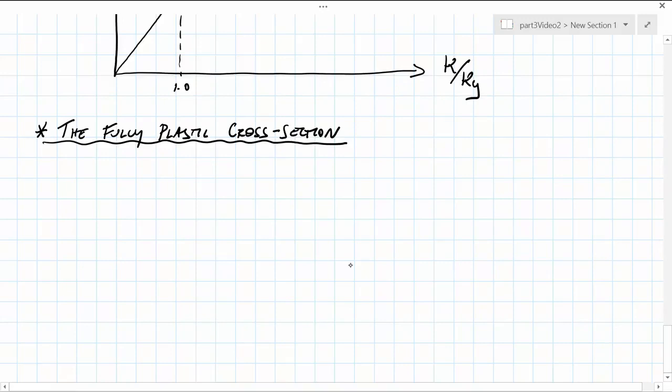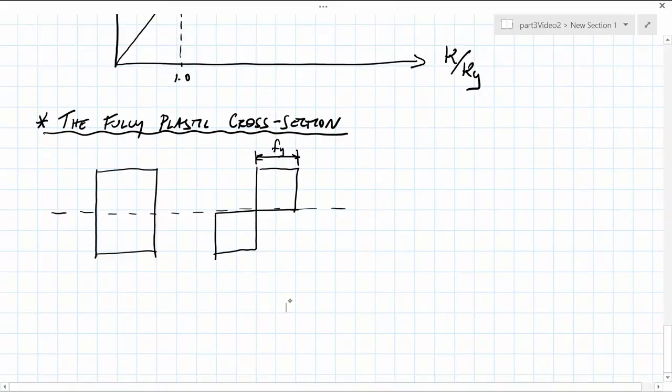As we've previously shown, when the whole of the cross-section is yielded, assuming no strain hardening, the stress distribution becomes rectangular. Another way then of analysing this cross-section is to consider the components of this section that are in tension and compression.